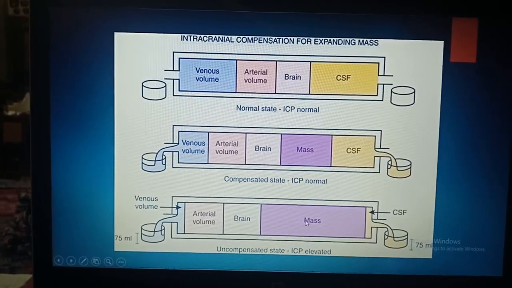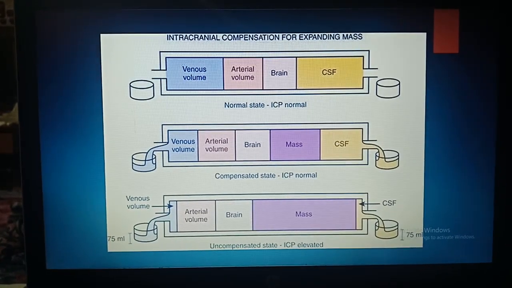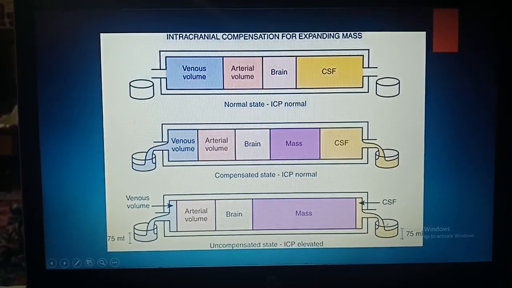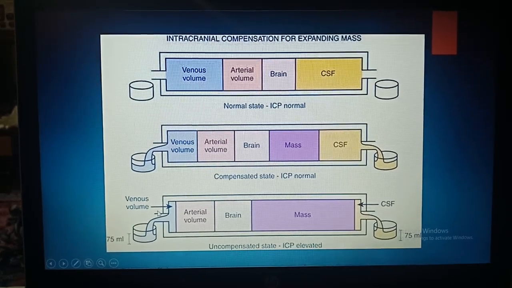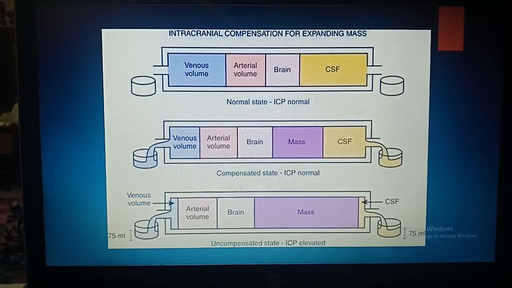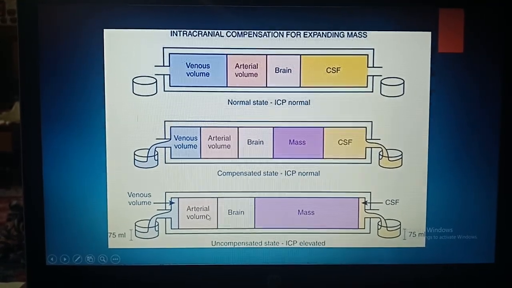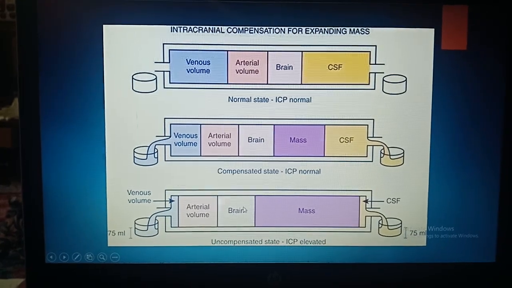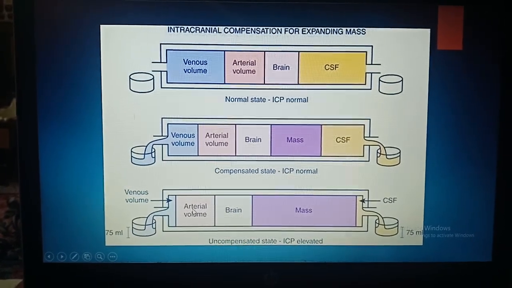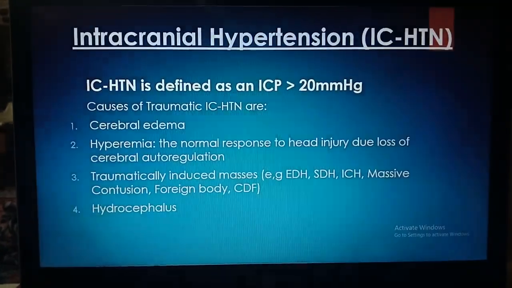And whenever this is not compensated, the brain goes into an uncompensated state in which the CSF and the venous volume have already contributed their part, but still the mass is expanding at the expense of the arterial volume and the brain, and that can result in either massive infarct causing brain death or herniation of the brain.